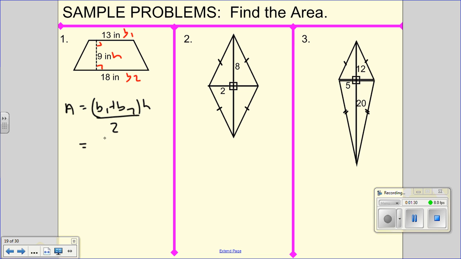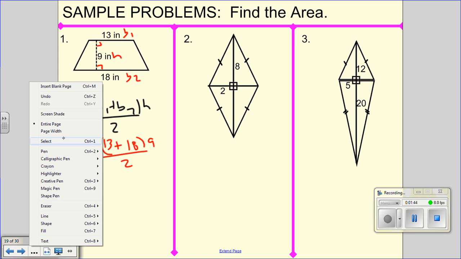So that means it's 13 plus 18 times 9, all that divided by 2. Then grab your handy dandy calculator, and I would type it all in one step. Save you some time.